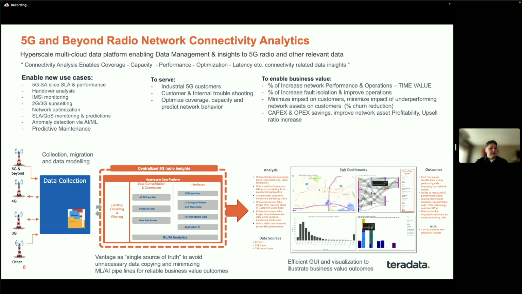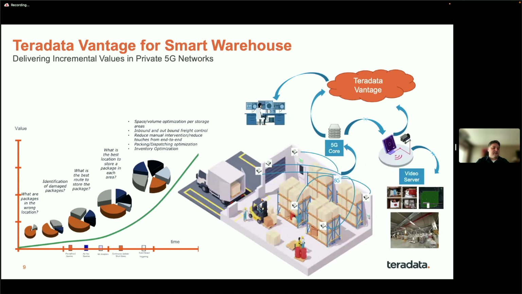And one interesting use case, which is maybe strange for today's forum, is the smart warehouse. In a fun way, when I was talking to a lot of customers, even car manufacturers, about connectivity, they did not complain much about the connected car or the lack of coverage.